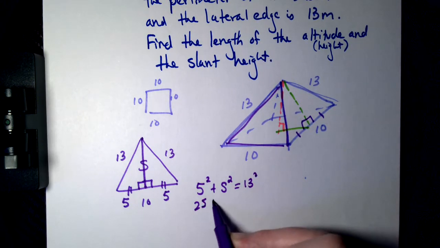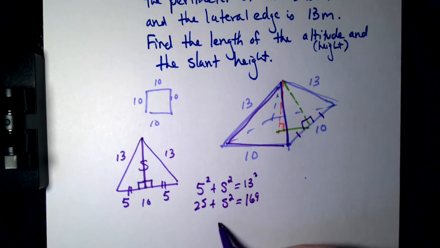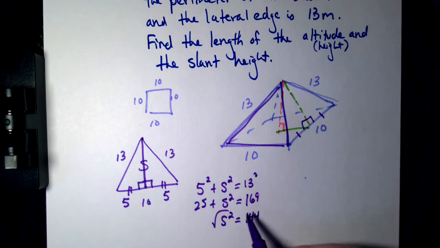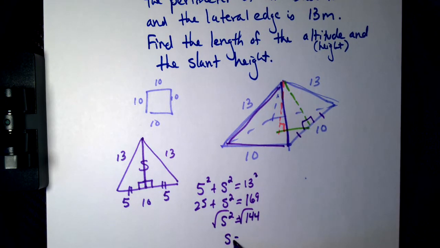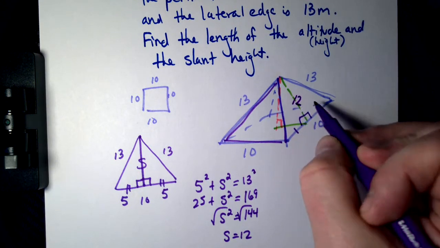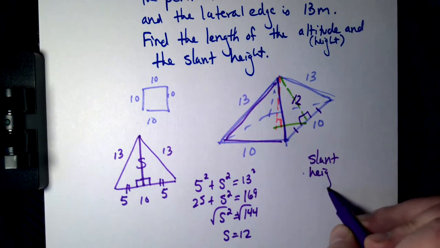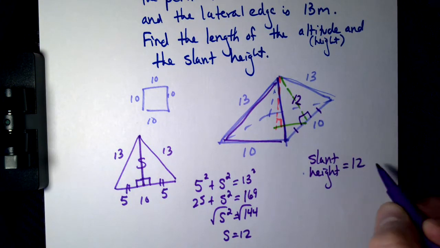I get 25 plus S squared equals 169. I subtract and get 144. This problem was set up nice. S is going to equal 12. Slant height equals 12.